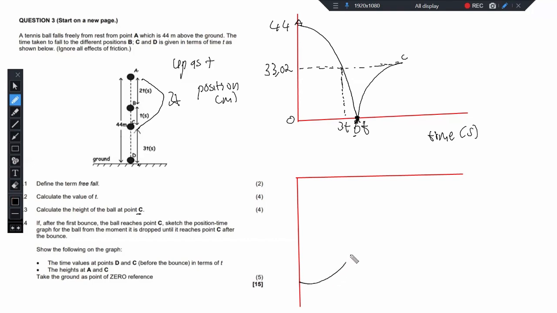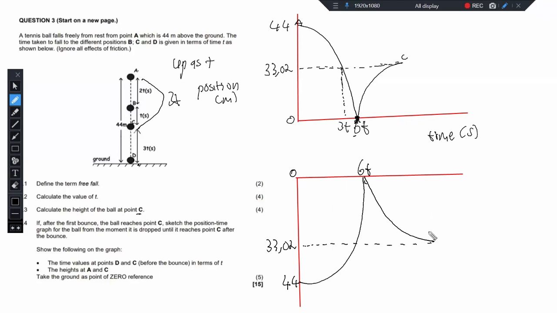So same shape, it's more like a reflection along the x-axis, and then bounce here, show the bounce, and again we have our 6t here, and then 0. So this is 44, and then right here we have the 33.02, right? Because we are taking down as positive, we'll just leave our values to be positive like that.